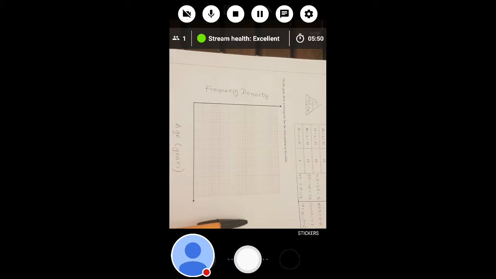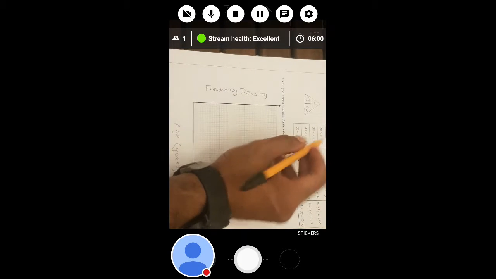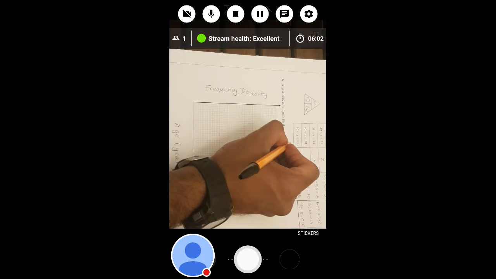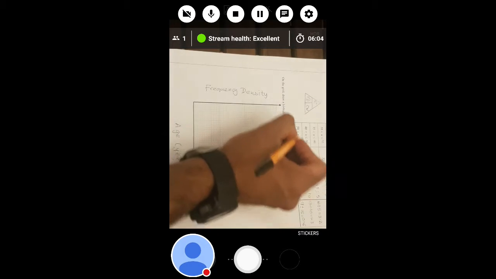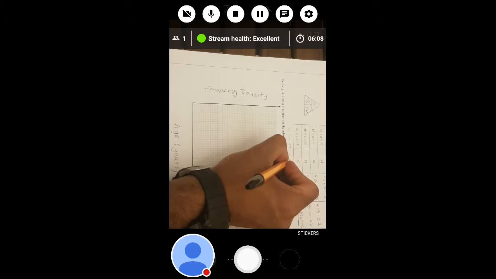I've got 5 of these, and 20 to 65 is the range, so 65 minus 20 is 45.